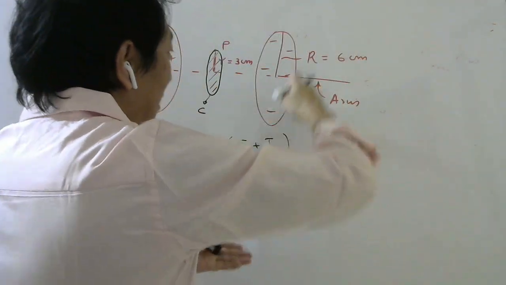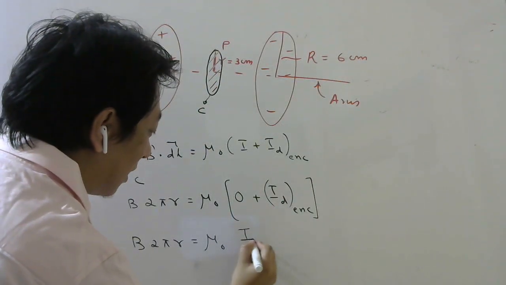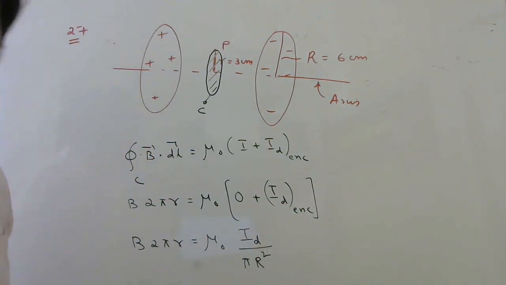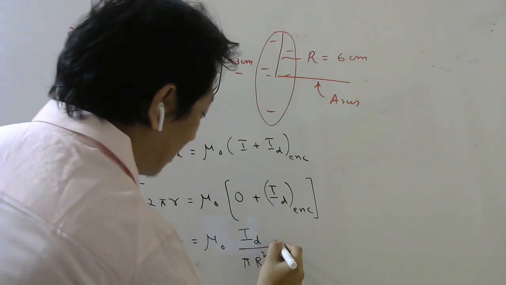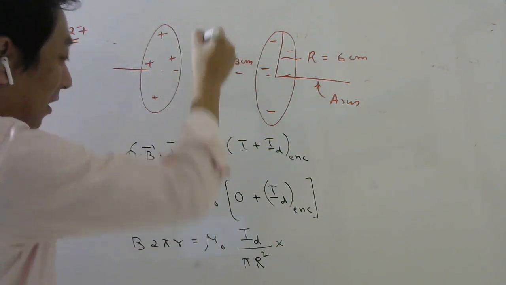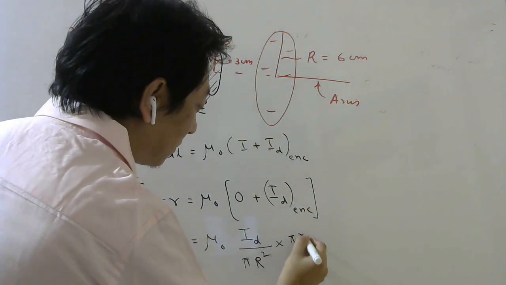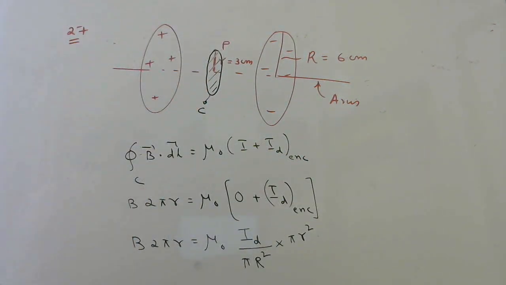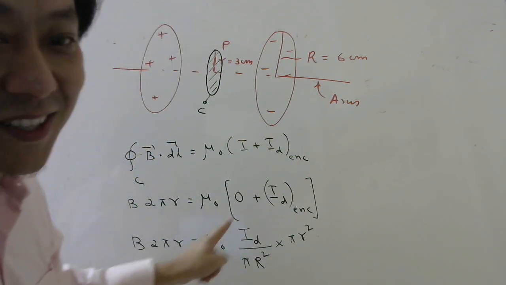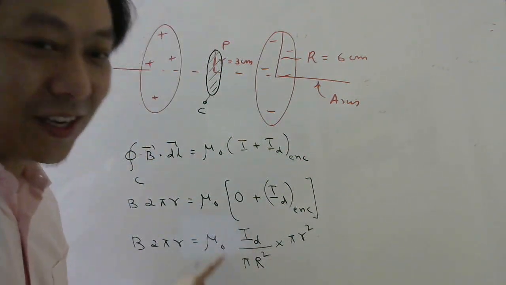This is the entire area, right? So I can write total current by total area, which is basically your current per unit area, into this area. Correct or not? If you think carefully, this is like your displacement current density.